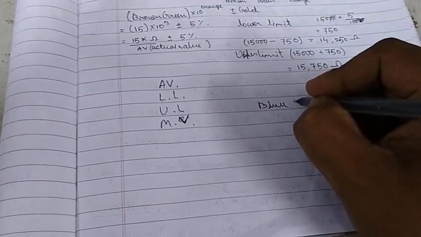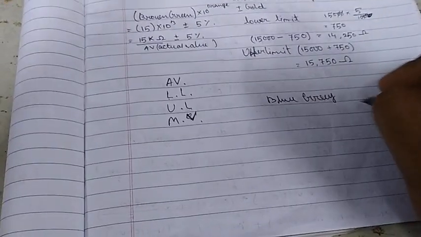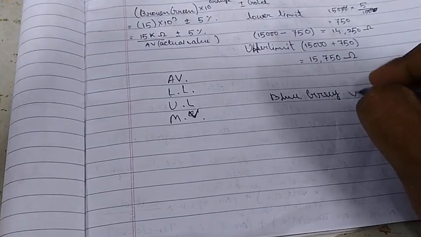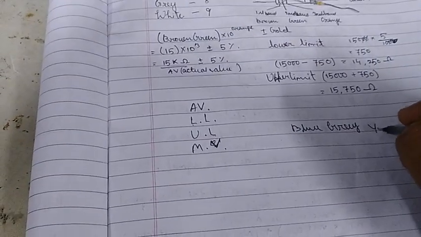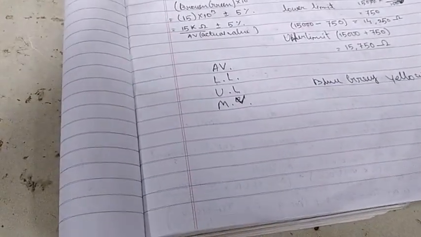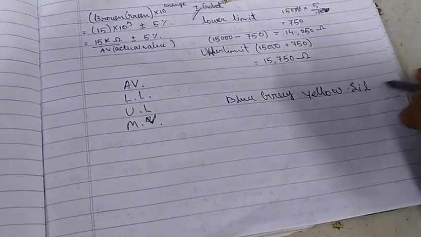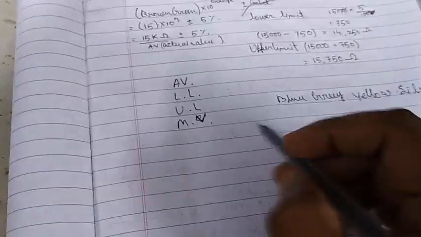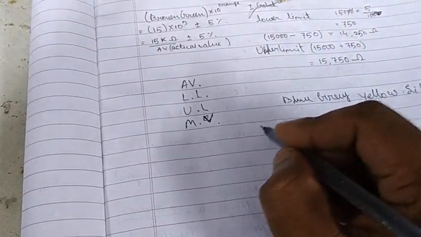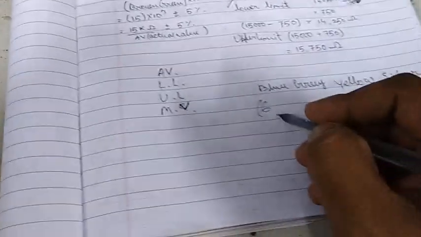blue, gray and yellow, and the tolerance is silver. So calculate. For blue the code is 6.